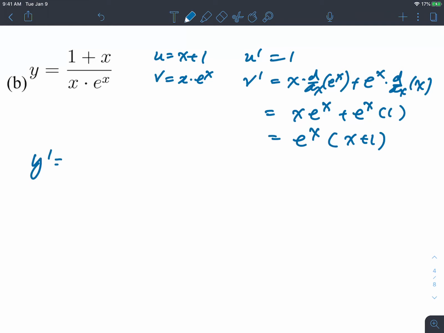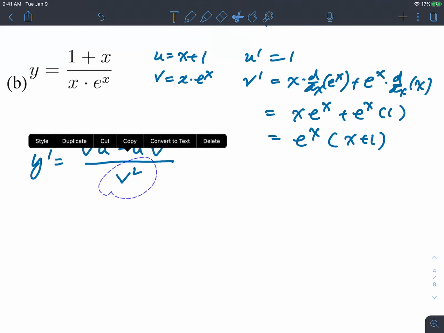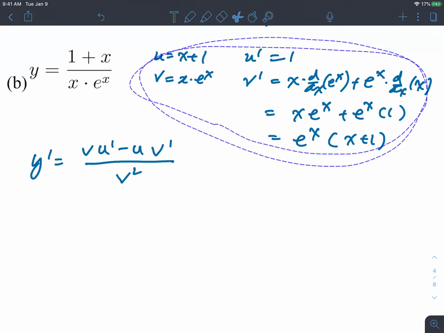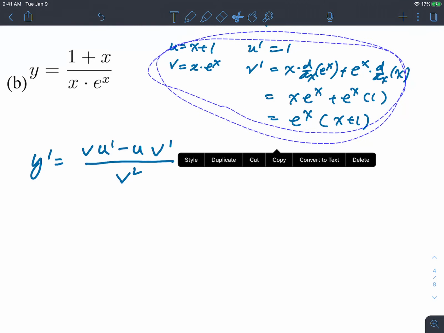So we got y prime is equal to, once again, the big v shape happening over here, right? That is v squared. I'm just going to put this like this, and make it a little bit smaller, and shift it up a little bit.